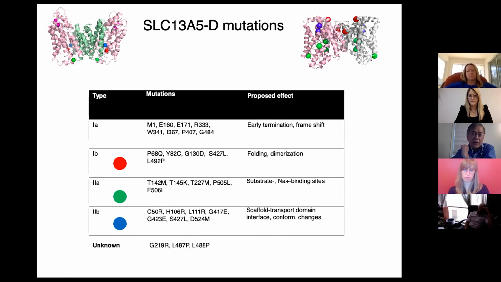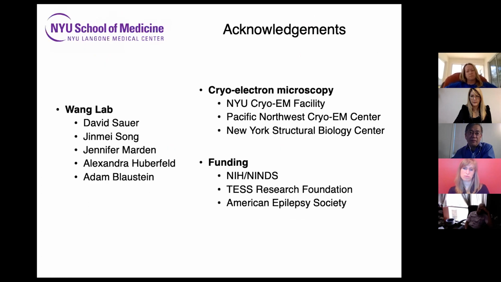This one is close to the substrate binding side, but not that close, so we do not quite know. That probably requires us to solve a structure of this protein mutant, to see exactly how such a mutation harms the protein and abolishes transport activity.